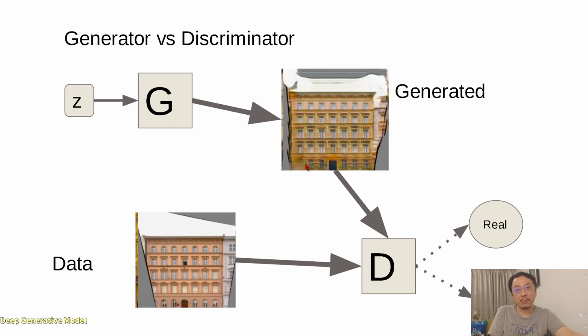We simply maximize the score, because the higher score is when the discriminator considers it real, and the lower the score, the more the discriminator considers it fake. So in other words, we are training the generator to cheat so that the discriminator cannot tell the difference between the fake images and the real images. So that's the basic idea.